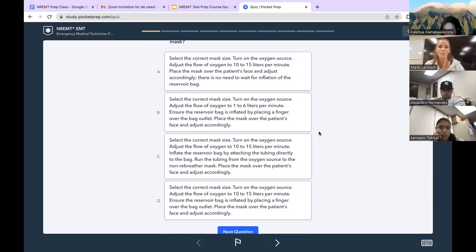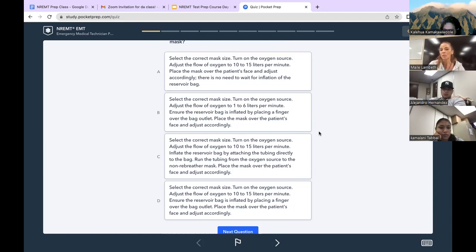So C: select the correct mask size, turn on your O2 source, adjust the flow of oxygen 10 to 15 liters per minute, inflate the reservoir bag by attaching the tubing directly to the bag, run the tubing from the oxygen source to the non-rebreather mask, place the mask over the patient's face and adjust accordingly. What is wrong with that one? The way they inflate.